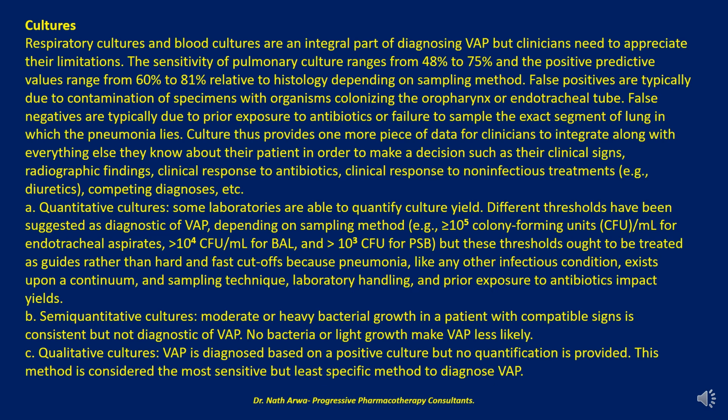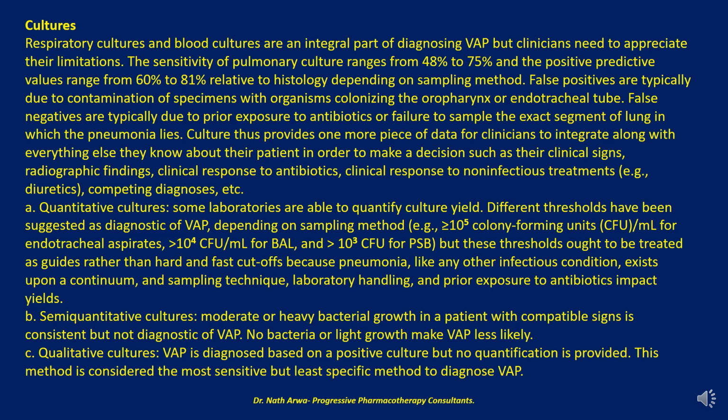A. Quantitative cultures. Some laboratories are able to quantify culture yield. Different thresholds have been suggested as diagnostic of ventilator-associated pneumonia, depending on sampling method, e.g., equal to or greater than 10^5 colony forming units per milliliter, abbreviated as CFU per milliliter, for endotracheal aspirates, greater than 10^4 CFU per milliliter for BAL, and greater than 10^3 CFU per milliliter for PSB.